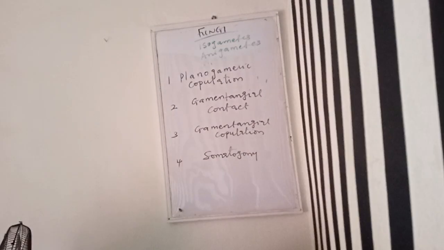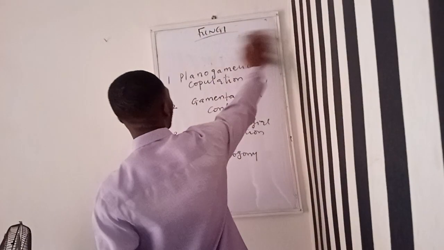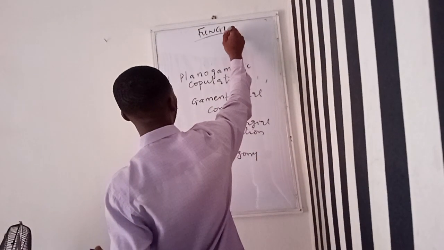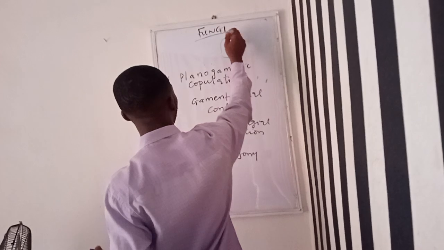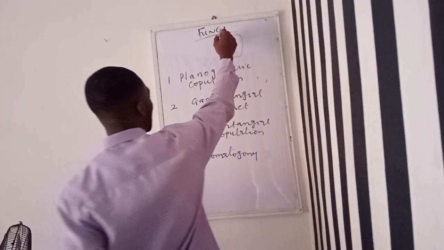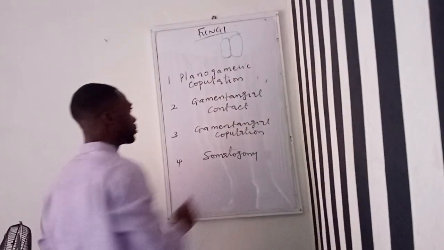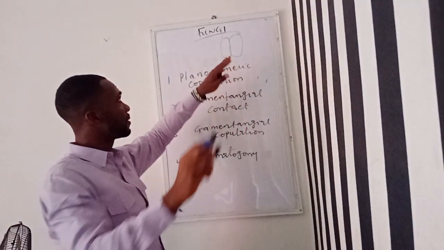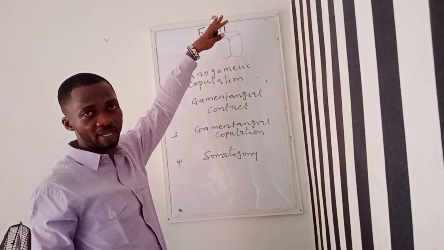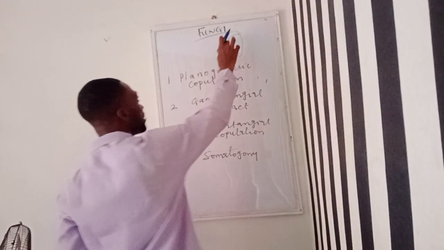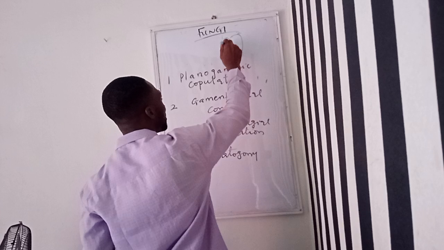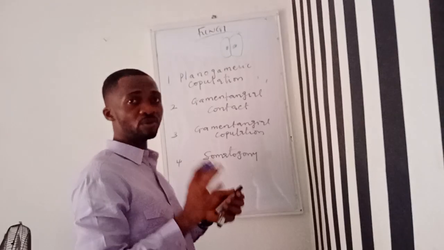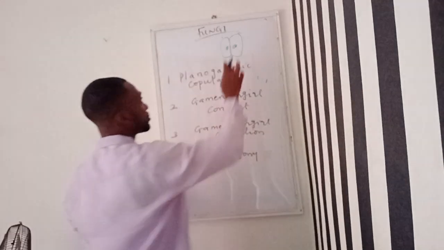Let me see if I can use a structure to represent that. So this is gametangium 1, gametangium 2. In gametangial copulation, there is a complete fusion of the gametangia, and once this happens, the content of these two gametangia also fuse together.